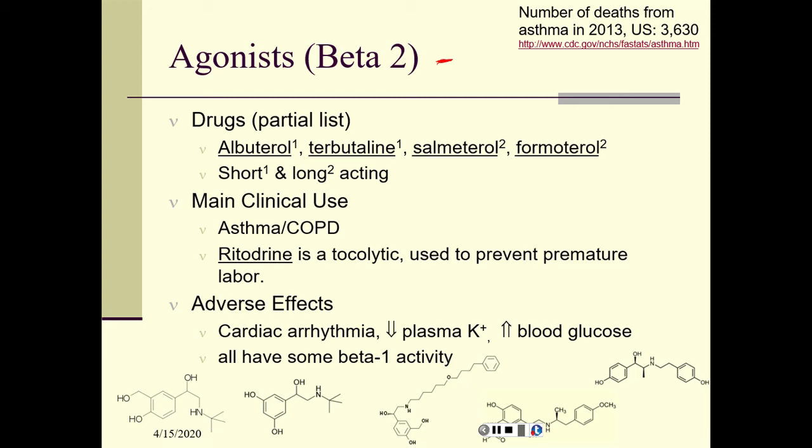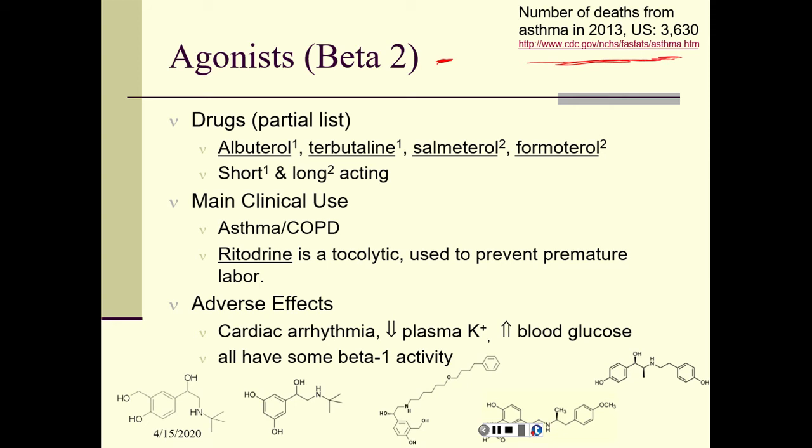And you may not know, but I have tracked this data right here for a while. The last time I saw it updated was in 2013, where in the United States, 3,630 people died from asthma attacks. You might not have thought that asthma, because you probably know somebody that has asthma, would be such a potentially deadly disease.